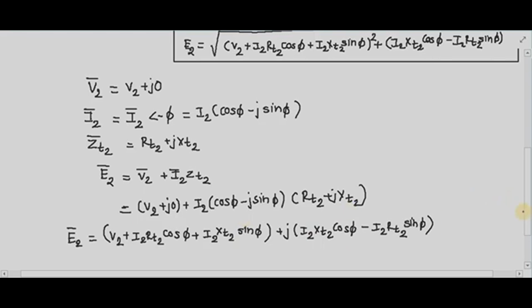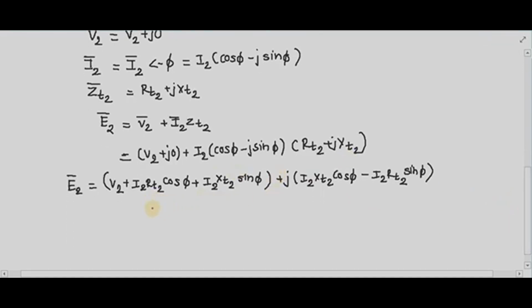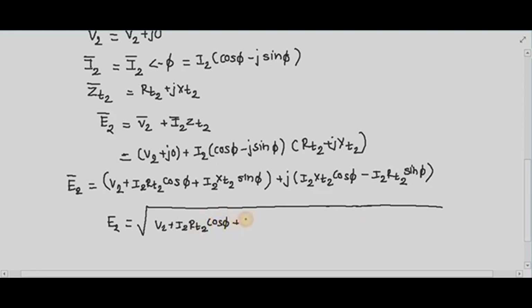Hence this is in rectangular form. Hence, from the above equation we can write E2 as the square root of V2 plus I2 RT2 cos of phi plus I2 XT2 sine of phi, whole square, plus I2 XT2 cos of phi minus I2 RT2 sine of phi, whole square.